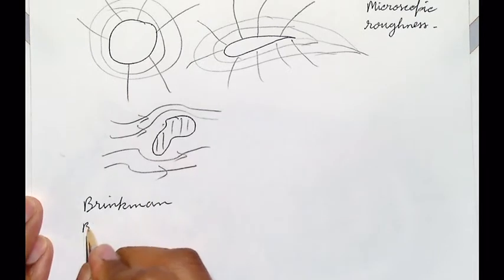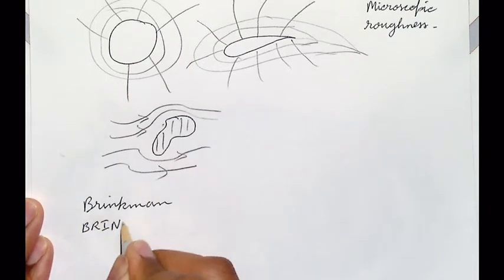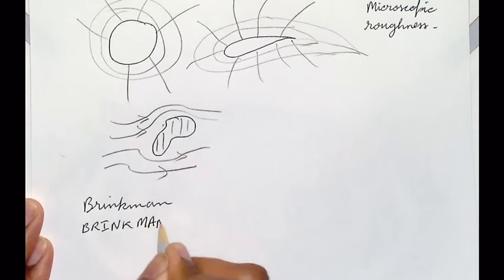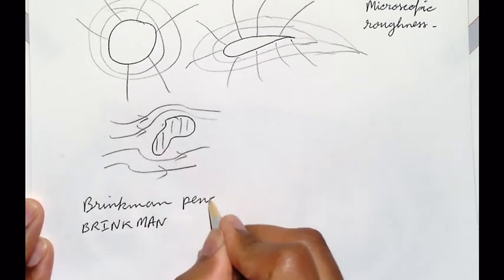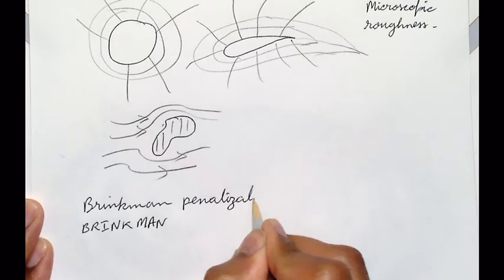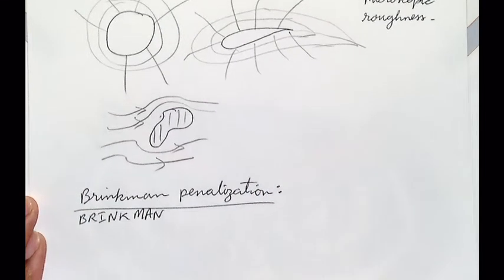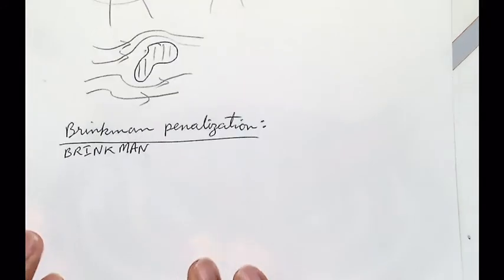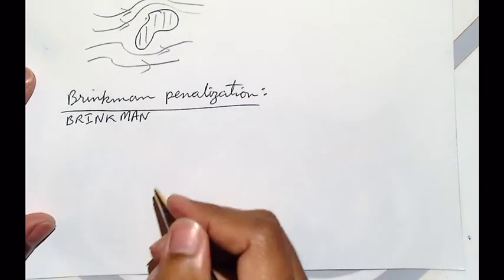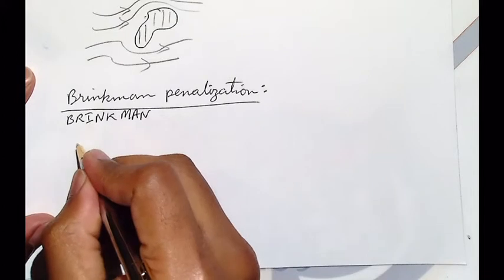Okay, let me spell it out. Brinkman optimization. Okay. So what this method does is it adds a forcing term to the momentum equation.